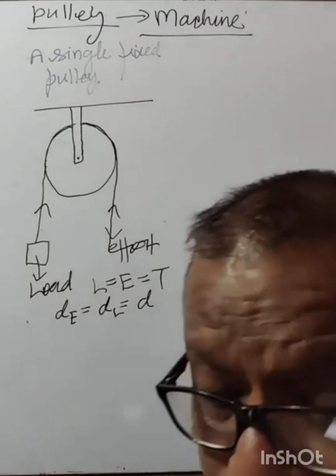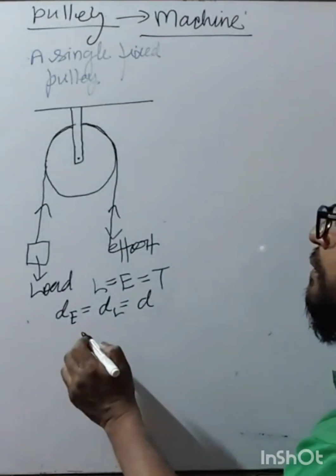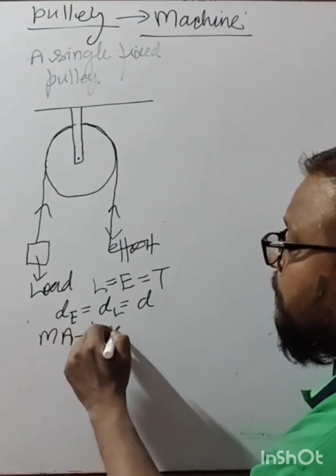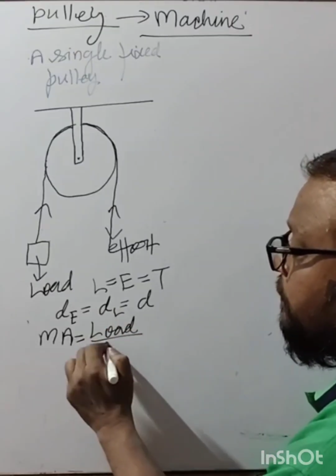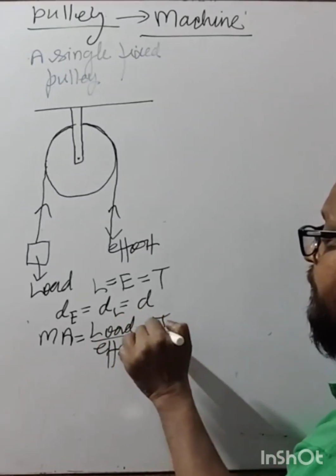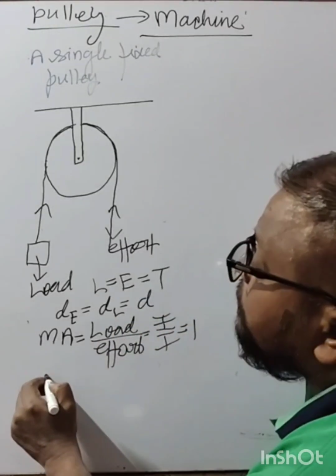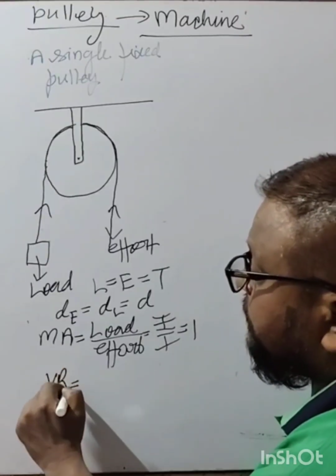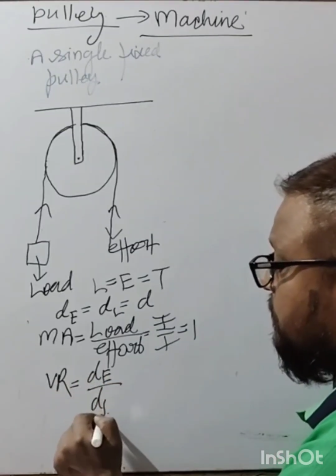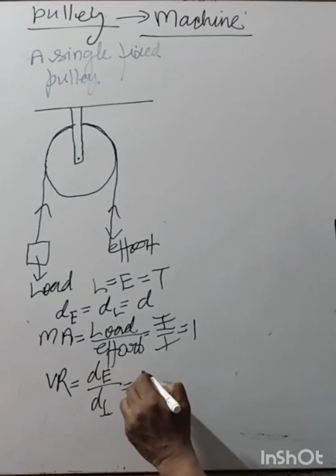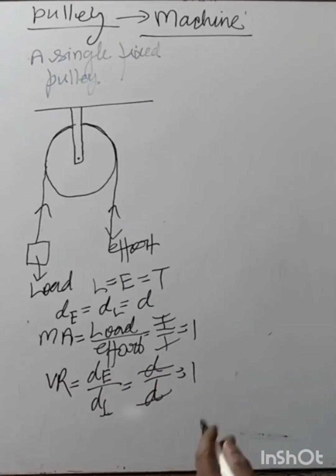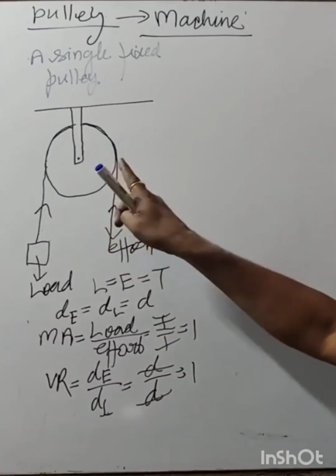So mechanical advantage is equal to load upon effort, so it is T upon T is equal to 1, and velocity ratio is equal to effort arm upon load arm, that is D upon D, that is equal to 1. So this is a single fixed pulley.